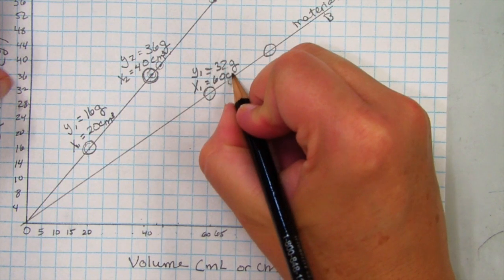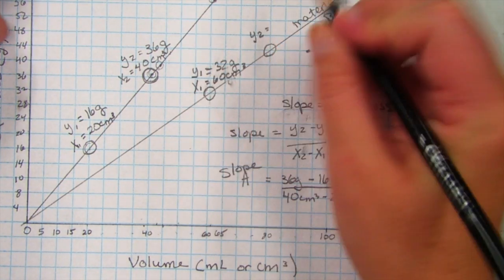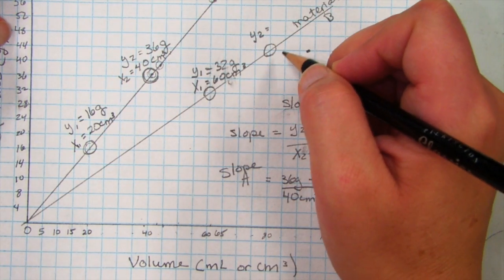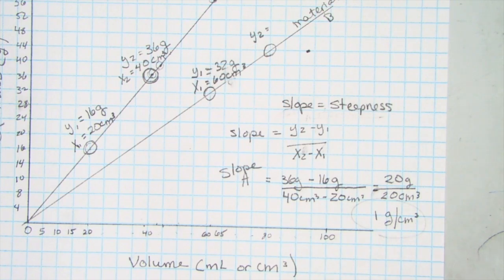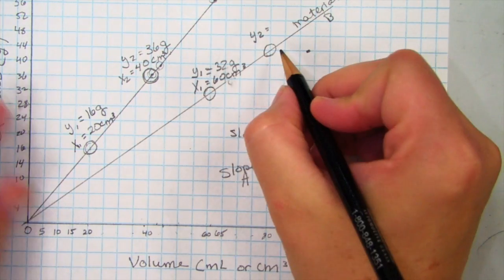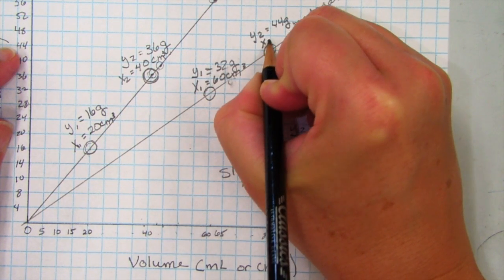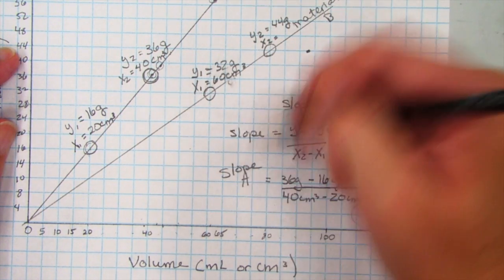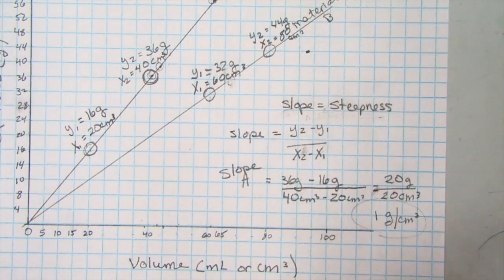Units are very important even though I'm messing them up. My second point, and you do have to show me all of this work. Everything I'm writing, you have to write every single time. So y2 is 44 grams. x2, come down, is going to be 80 centimeters cubed.